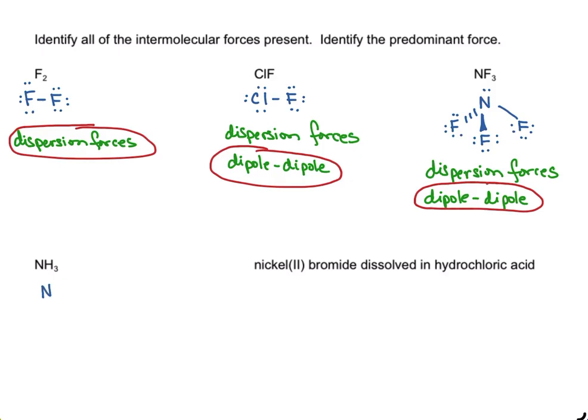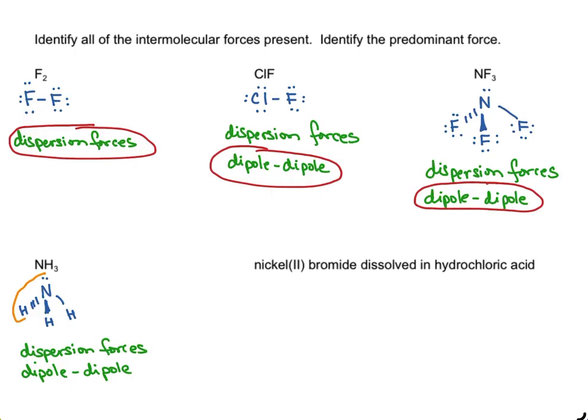NH3 has a similar shape. So NH3 is a polar molecule, so it has dispersion forces. And it's a polar molecule, so it has dipole-dipole forces. And let's go ahead and examine this molecule a little bit more.